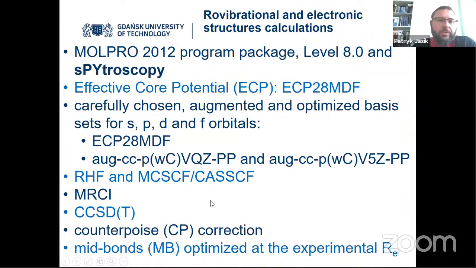We used the MRCI method, but especially the coupled cluster method with singles, doubles, and perturbative triples with counterpoise correction, and we also checked the mid-bond functions method, which was optimized at the experimental equilibrium bond length.